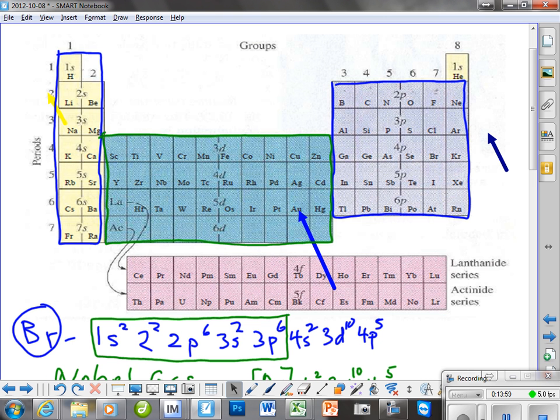Now, look at the numbers. 4s. Okay, we're going to stay on row 4, principal energy level 4, but we have 3d. The difference between 3d and 4s is how many numbers? 1.